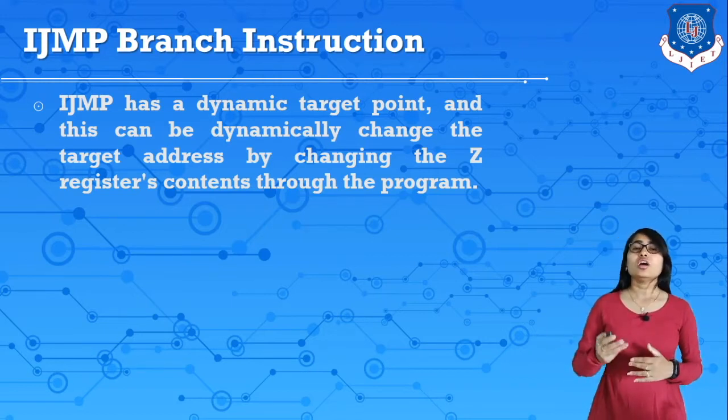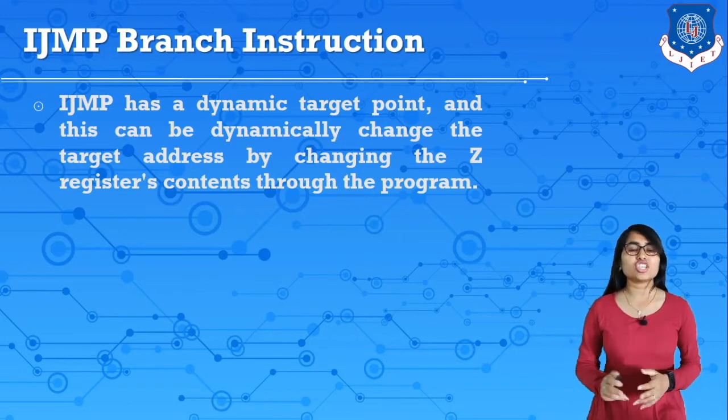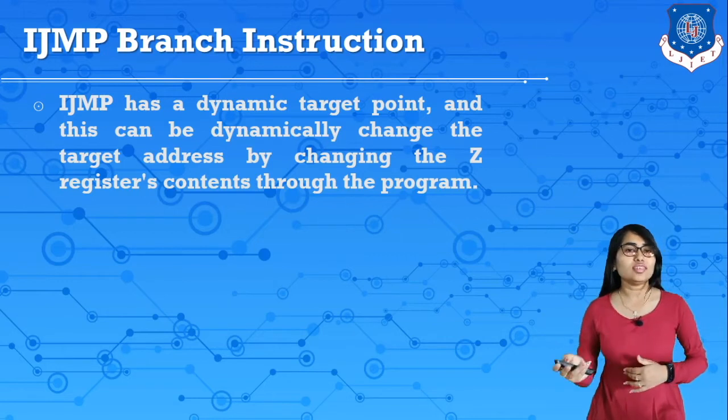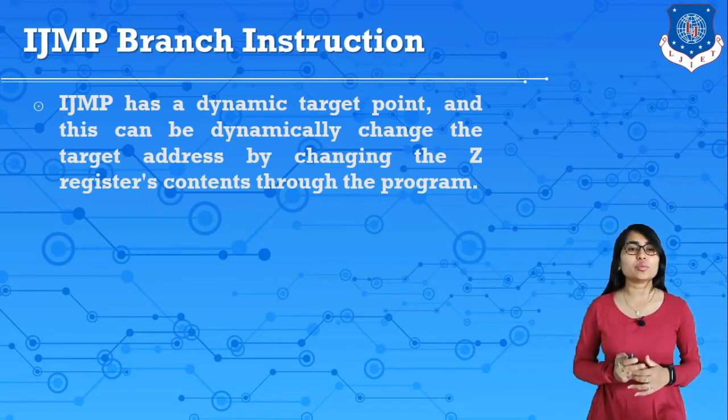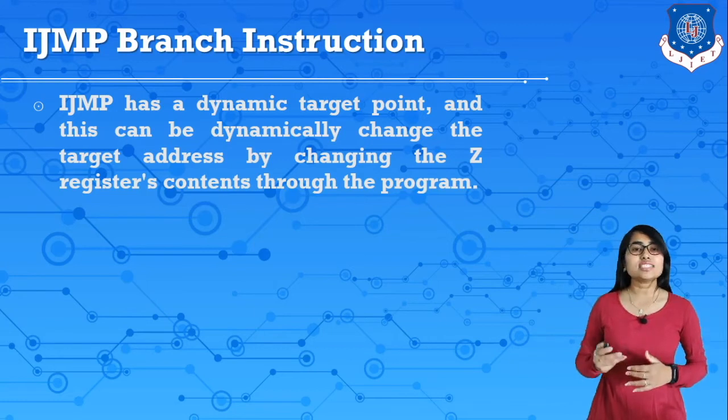If the content of the Z register is changed, then the jump of IJMP may go to some other address. That's why IJMP has dynamic target point addresses. So these are all the unconditional branch instructions.